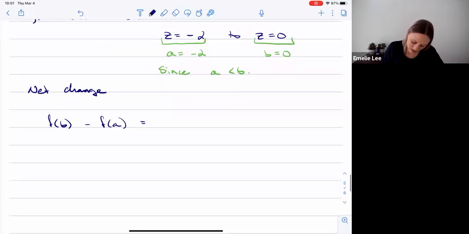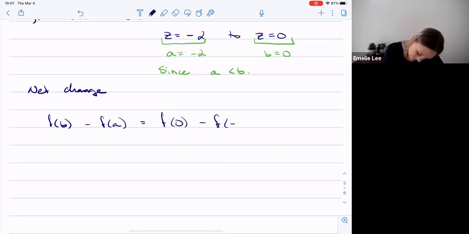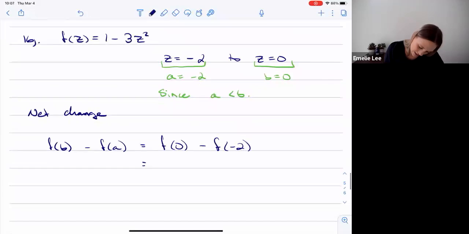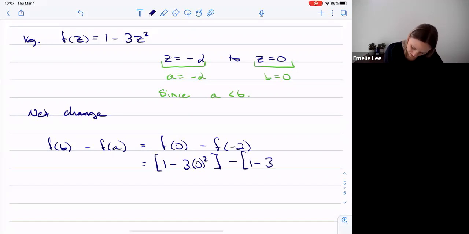So this is going to be the same as f of 0 minus f of negative 2. Okay. F of 0, and I want to keep these kind of separate visually, so 1 minus 3 times 0 squared, minus 1 minus 3 times negative 2 squared.